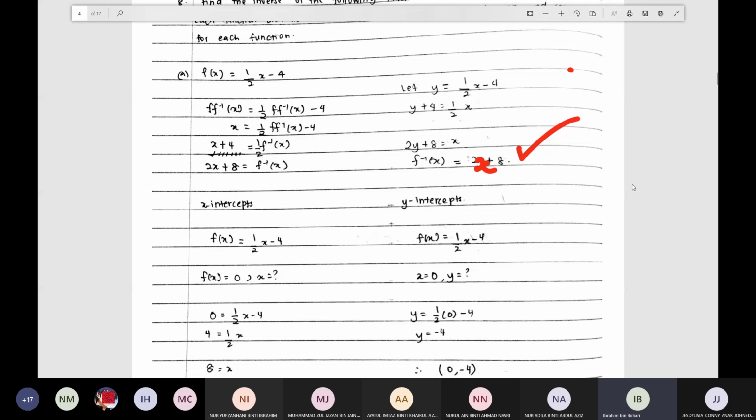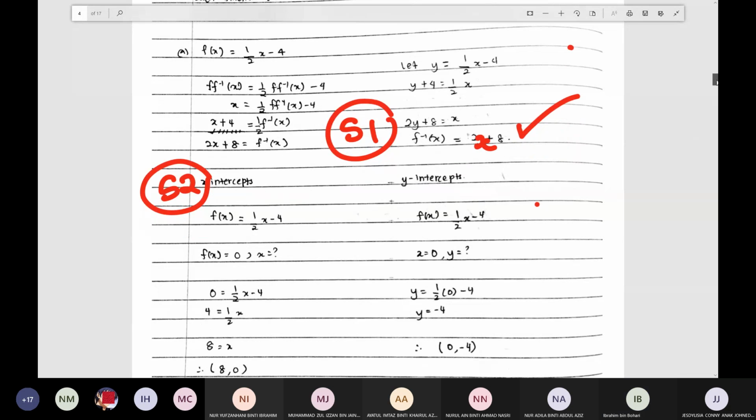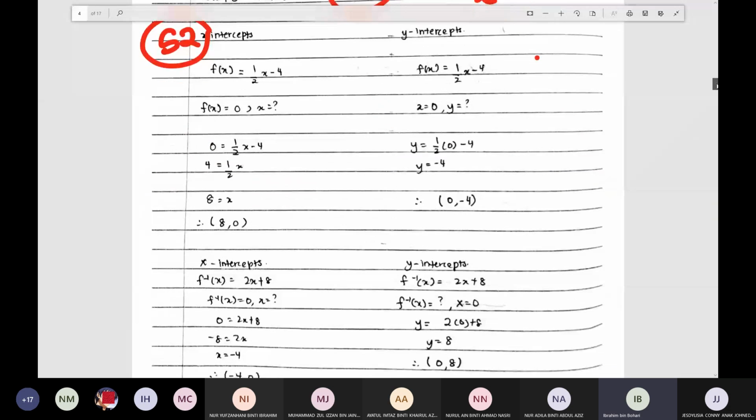And step 1, you find the inverse function. Step 2, you find the intercept of f(x) and the inverse function. Intercept of the function f(x): y equal to 0, you find the value of x. Okay, ini all boleh check.